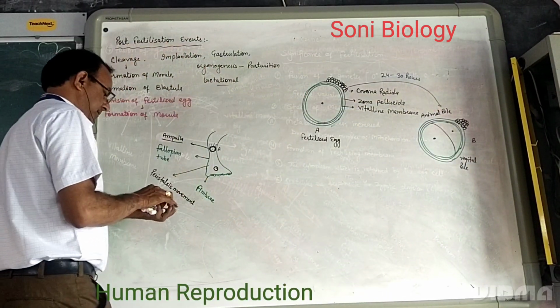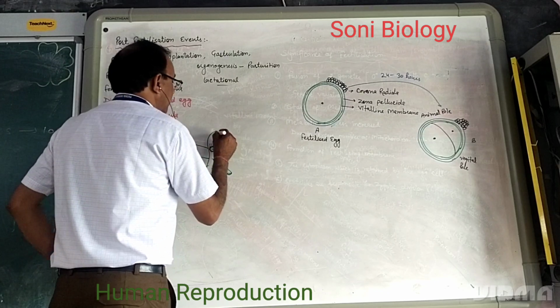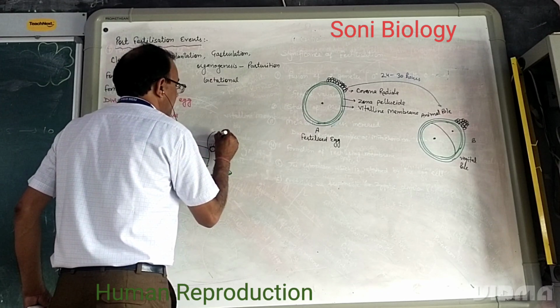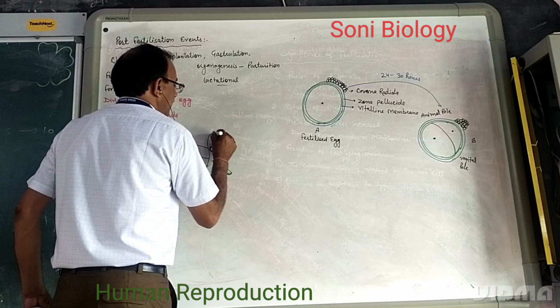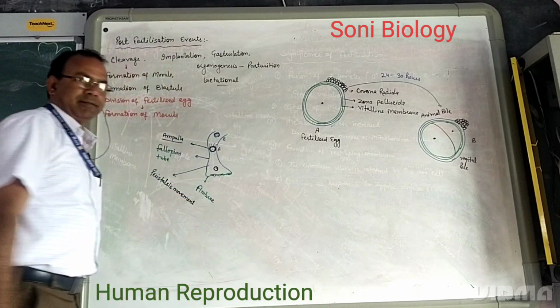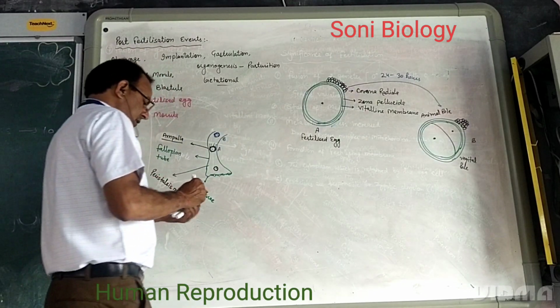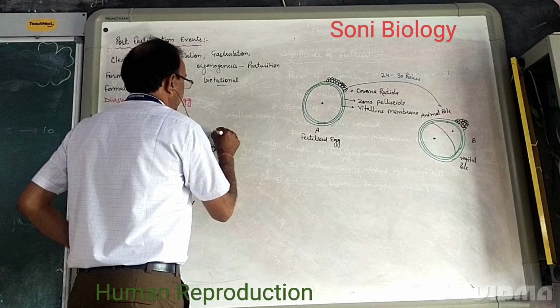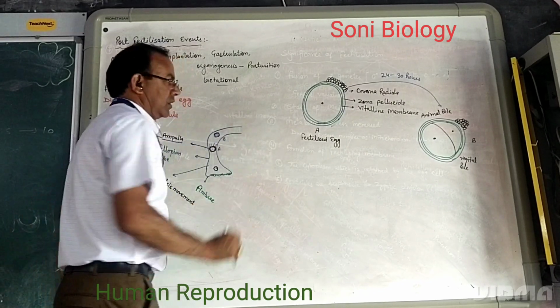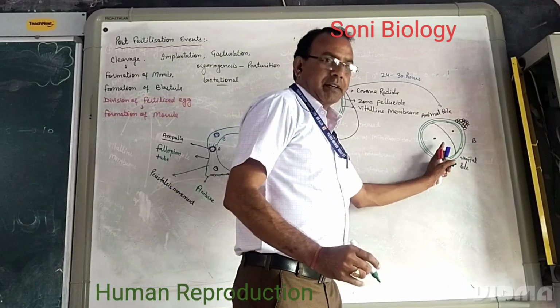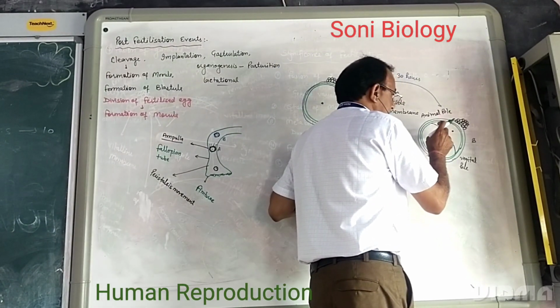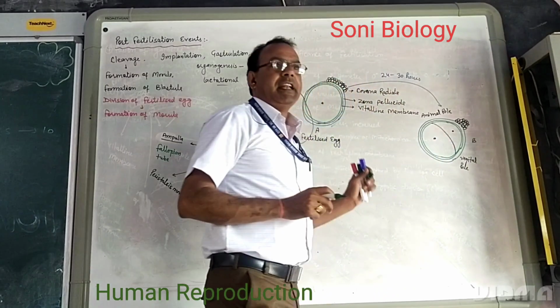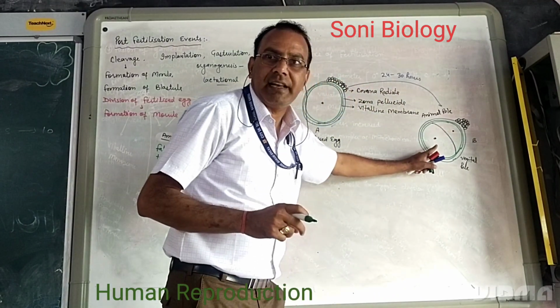After this fertilization, again we make a diagram of the division of this cell, with the corona radiata. This is the B phase. A few hours later, perpendicular division can take place from the larger cell.